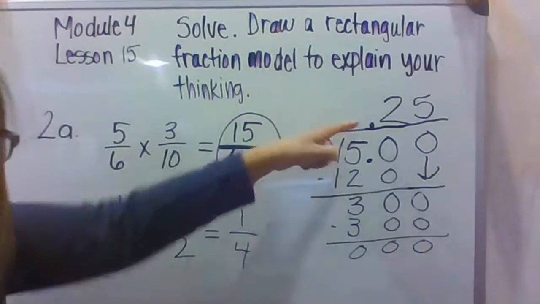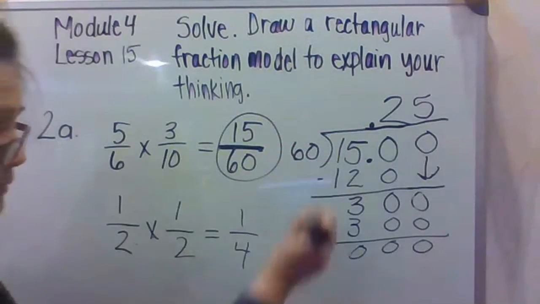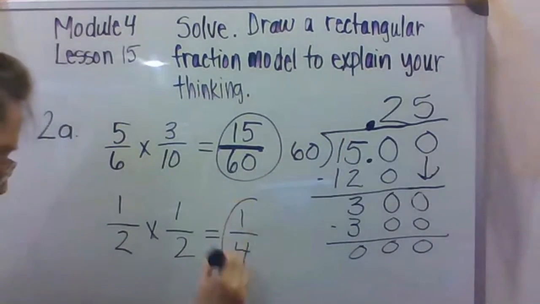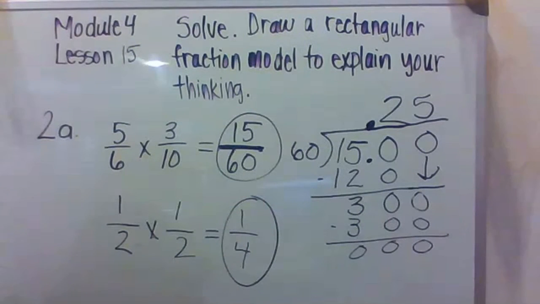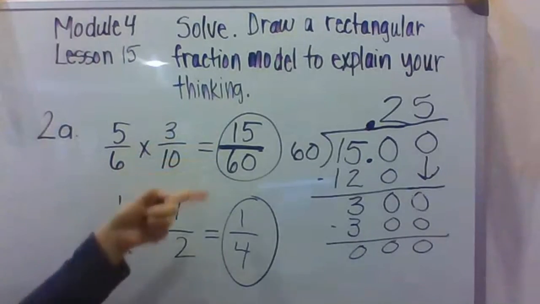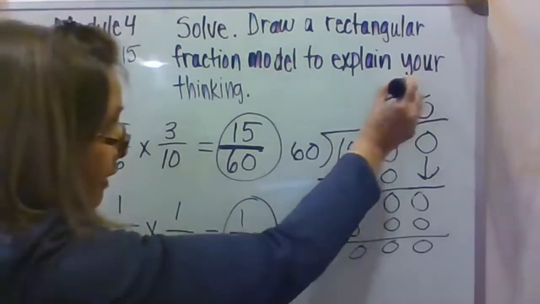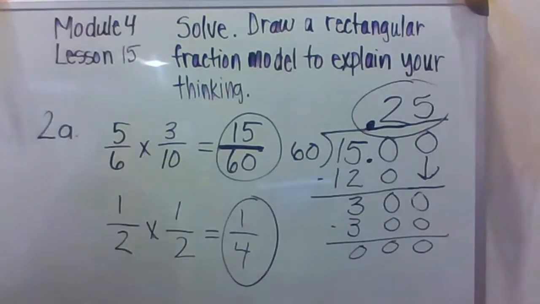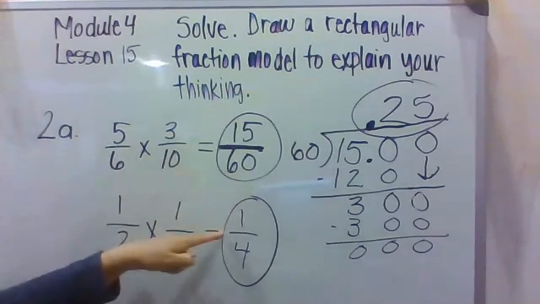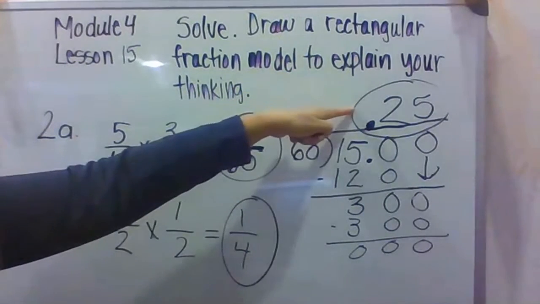Think about it. How much money is that? See that decimal? 25 cents. What is a quarter of a dollar? 25 cents, or 1/4. What's 15/60ths? It means all the same. All of these are the same values. 25 cents, or 25 hundredths. 1/4 means the same as 25 hundredths.